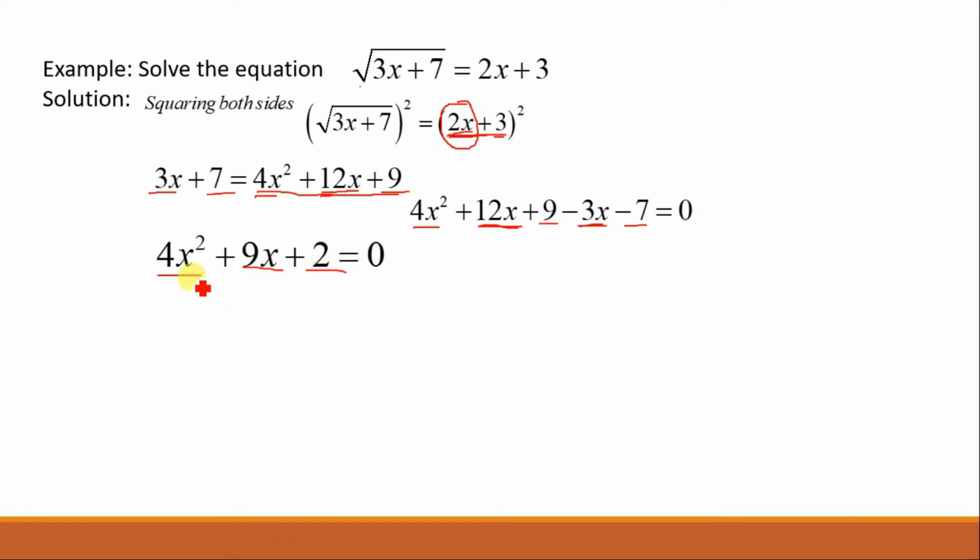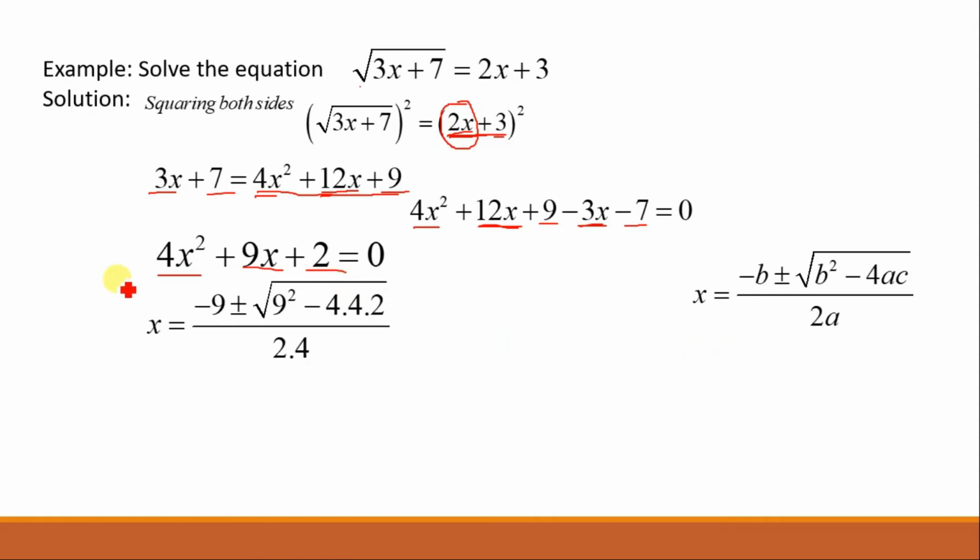Now, you should know that we can solve this quadratic equation by three different methods: by factorizing, by completing the square, and by using quadratic formula. This equation can't be solved easily by factorizing it, so we shall use quadratic formula, that is x equals minus b plus minus square root of b square minus 4ac upon 2a.